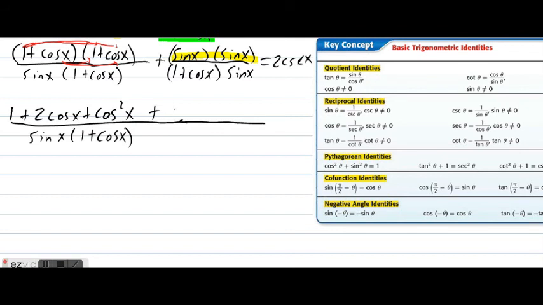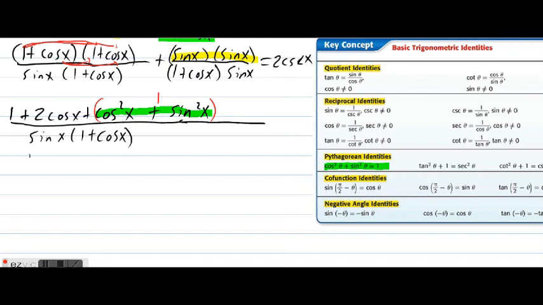Sine x times sine of x is merely sine squared of x. Is there anything over here that you're noticing that will help us? So I start looking at these trig functions, and I notice cosine squared plus sine squared equals 1. Well, I have cosine squared plus sine squared, so all of this mess right here is just equal to 1.